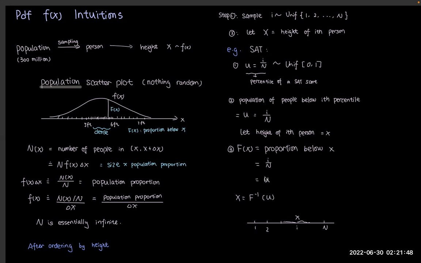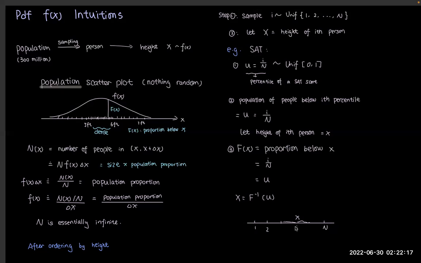So this I over n is U, the percentile. Given this percentile, we want to retrieve the height of this person. So we have F of x equals U. That is because you sampled the ith person, and the percentile is U, which is I over n. And that means the proportion of the people below this score x.